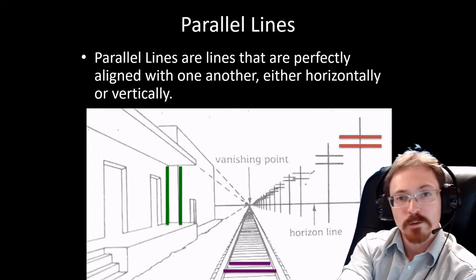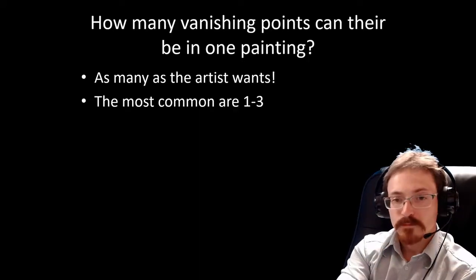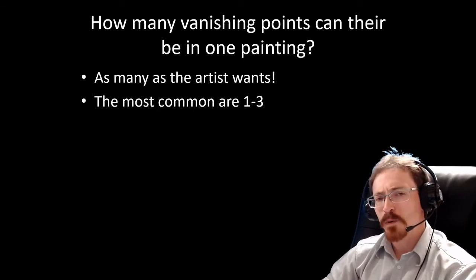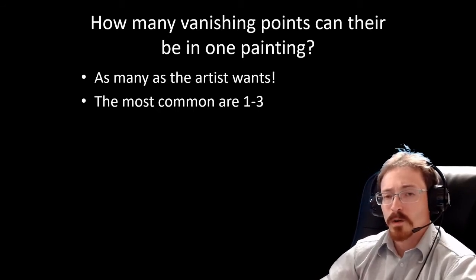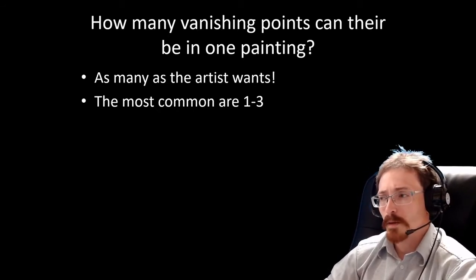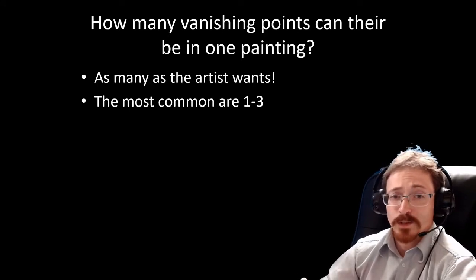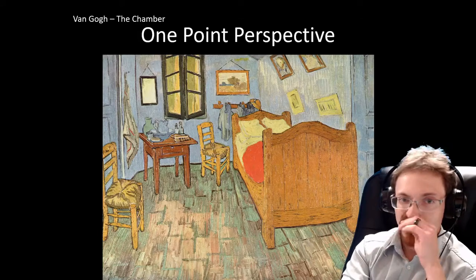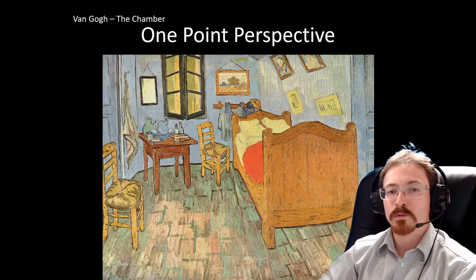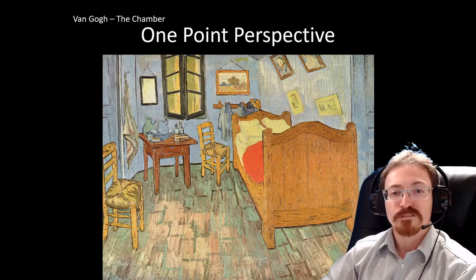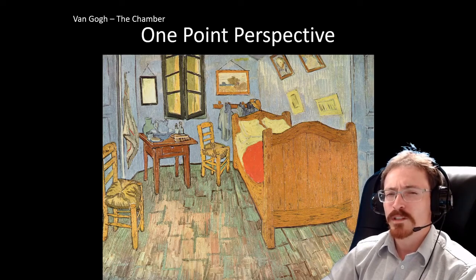Okay, so now that we got the recap done, how many vanishing points do you think that there can be in an artwork? Well, typically artworks have 1 to 3, but you can actually have as many vanishing points as you want. For instance, Van Gogh in this artwork has a vanishing point. Can you guess where you think the vanishing point is?